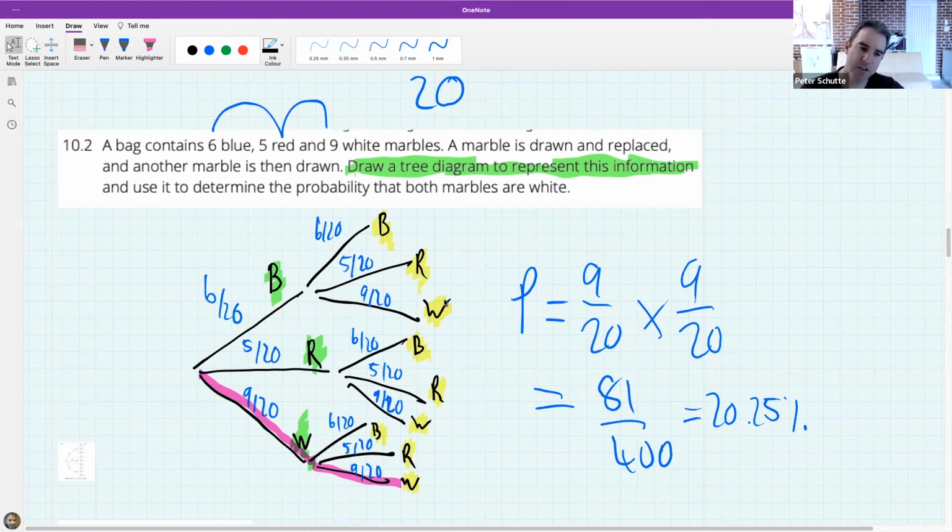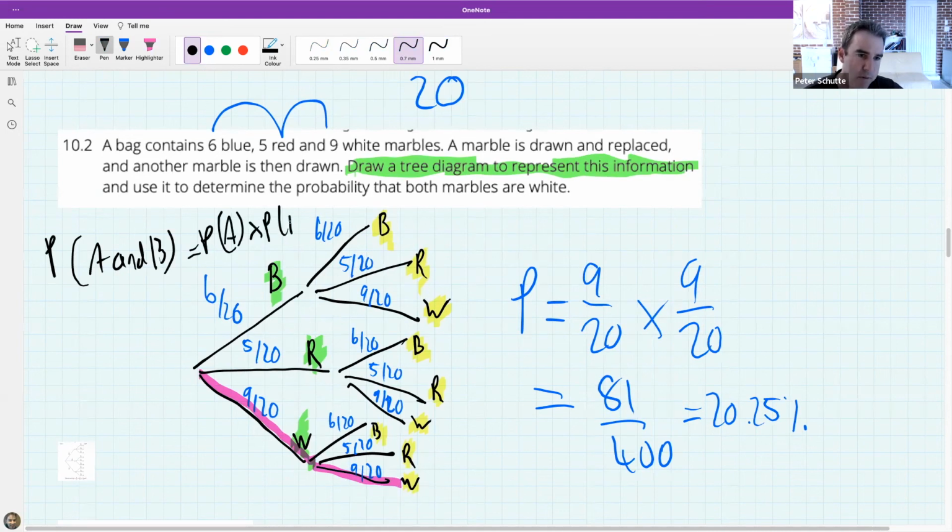Okay, so this has got to do with the event. The first event is drawing the first ball and then the second ball. Whenever you have a compound event like that, you need to multiply the probability of each event. So there's an identity which says the probability of A and B is the probability of A times the probability of B, and that's for independent events.